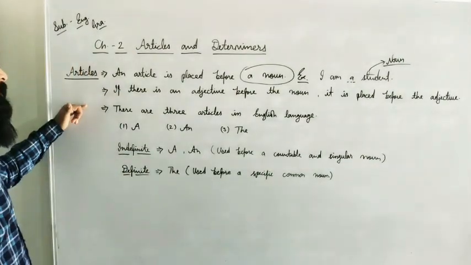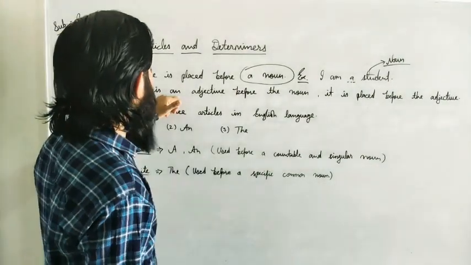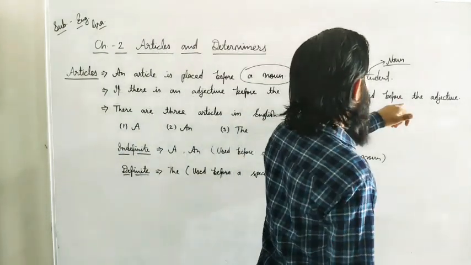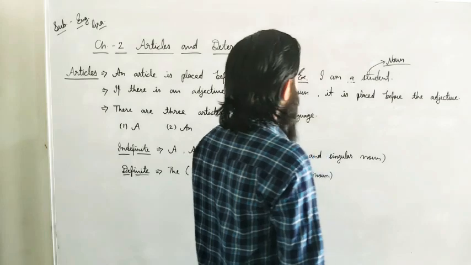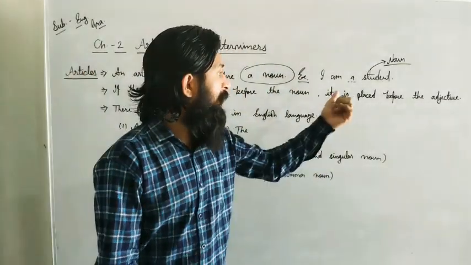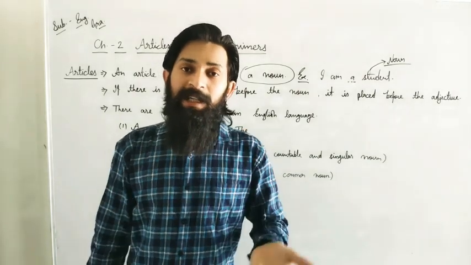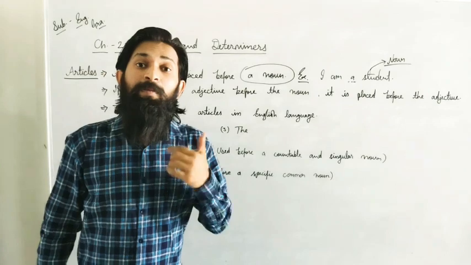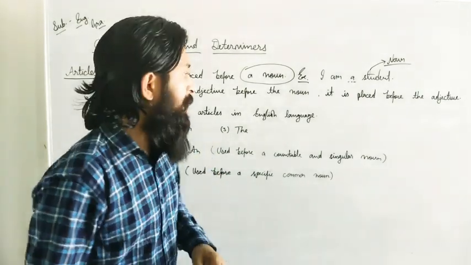In the second case, if there is an adjective before the noun, the article is placed before the adjective. Means if there is a noun, then we have to place the article before the noun, and if any adjective is there before the noun, then we have to place the article before the adjective.